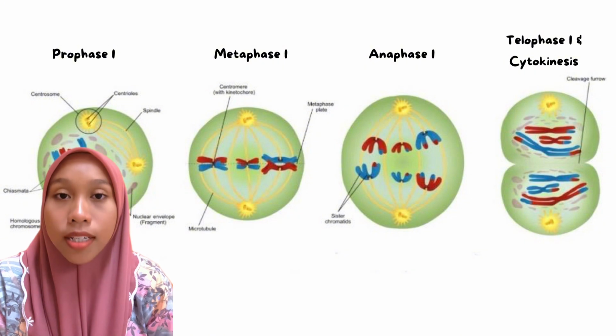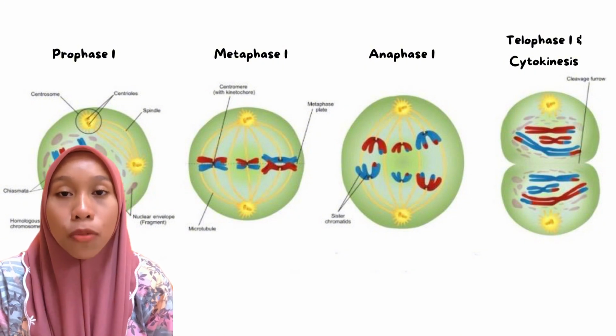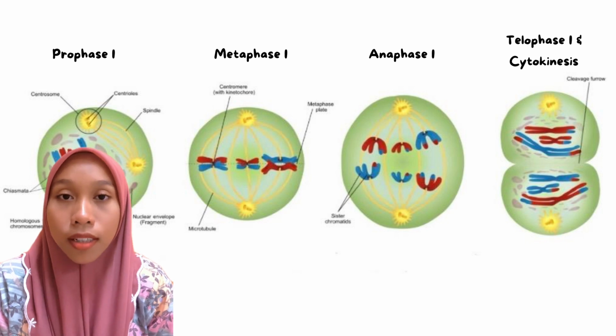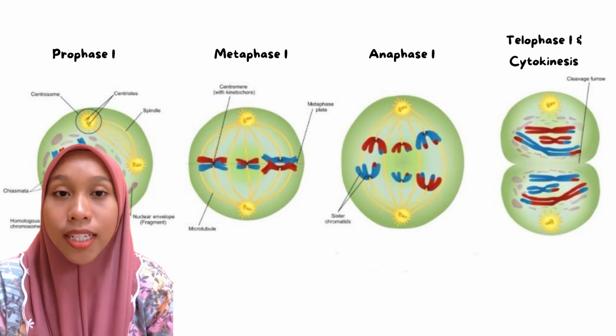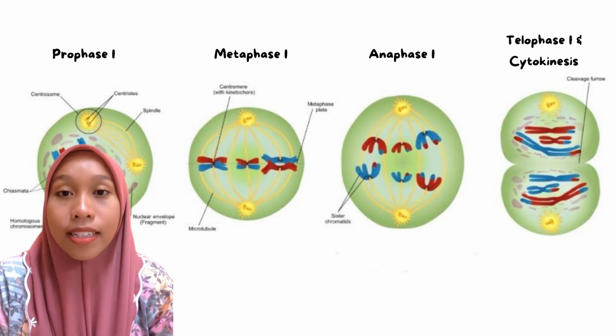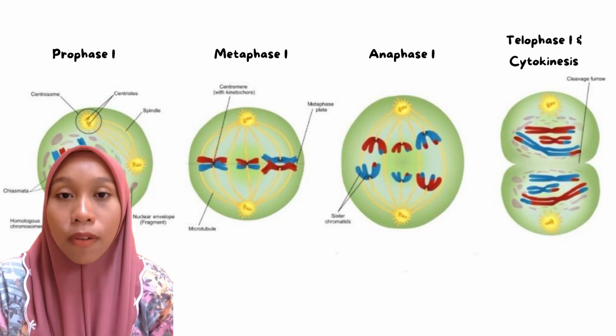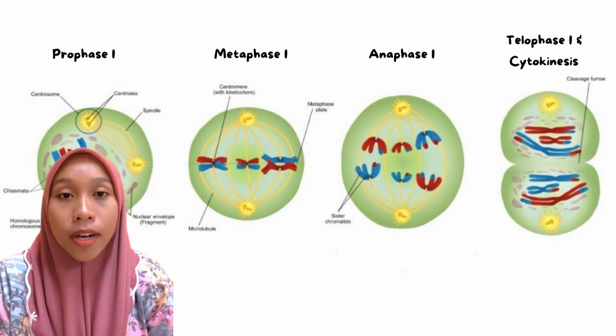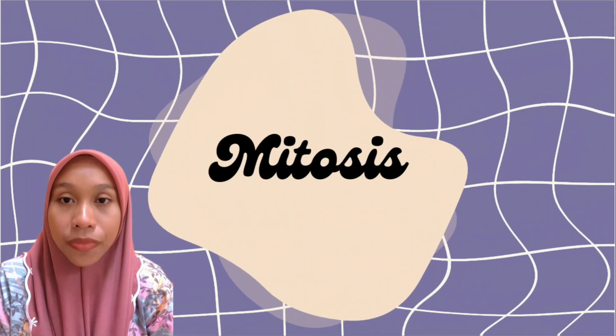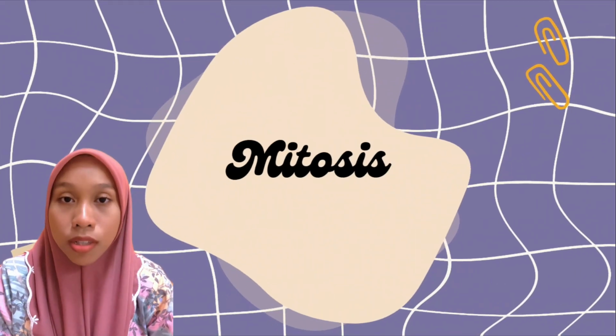The next one is anaphase 1, in which the homologous chromosomes move to the opposite poles of the cell. And the last one is telophase 1 and cytokinesis, in which chromosomes gather at the poles of the cell. The cytoplasm divides.